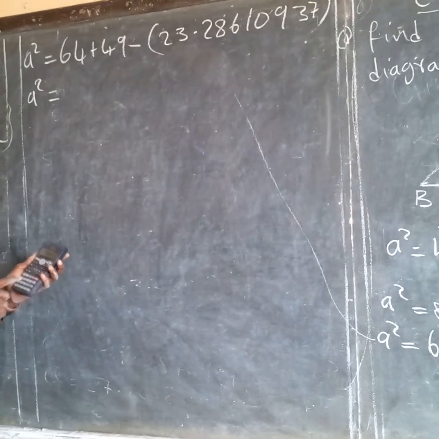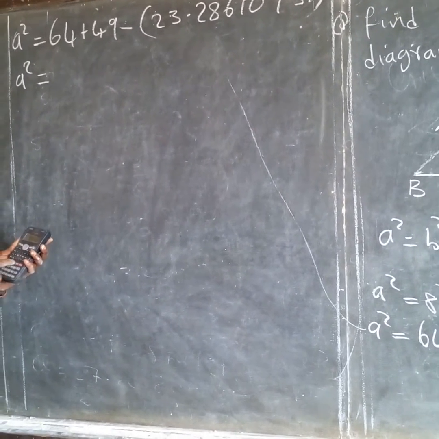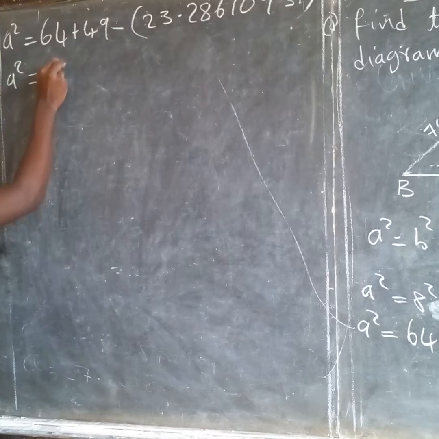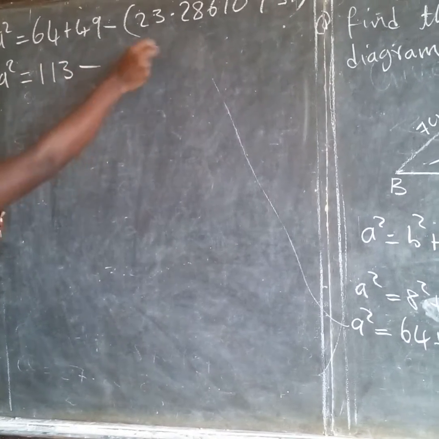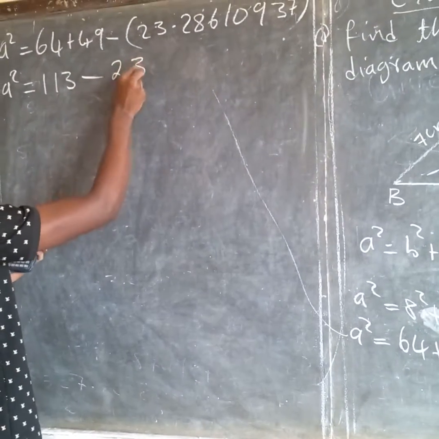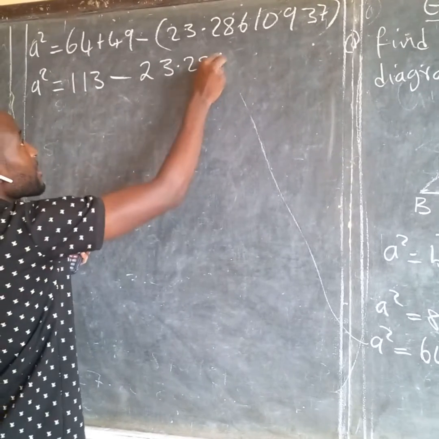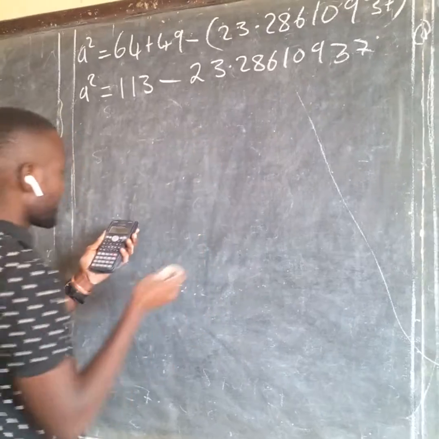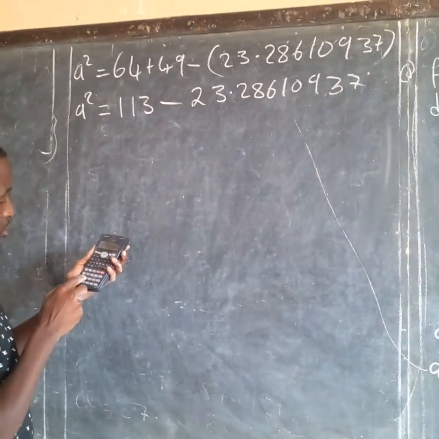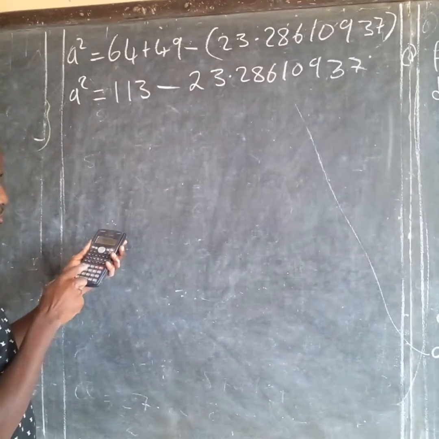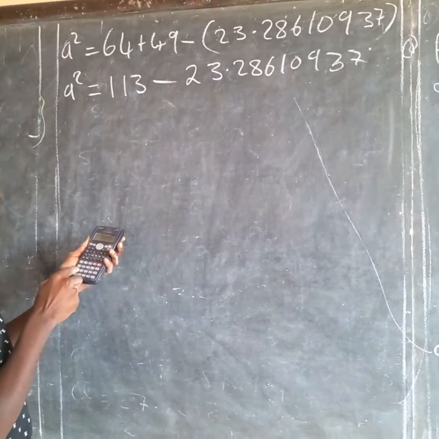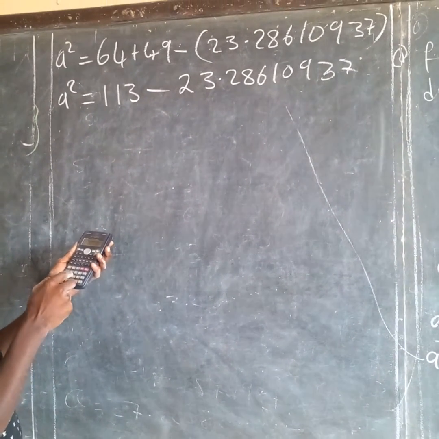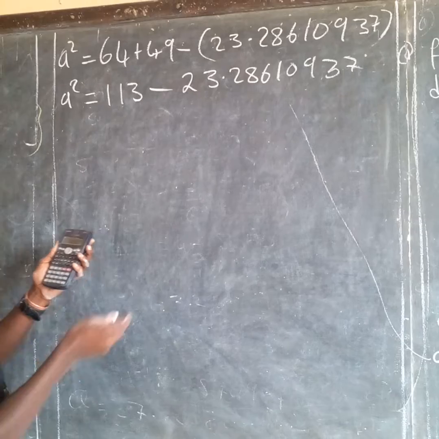So 64 plus 49, which will give me 113, minus the whole of that 23.28610937, which will give me 89.